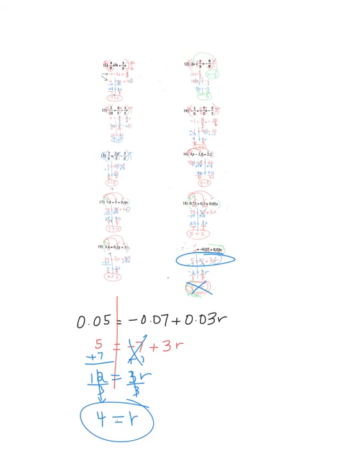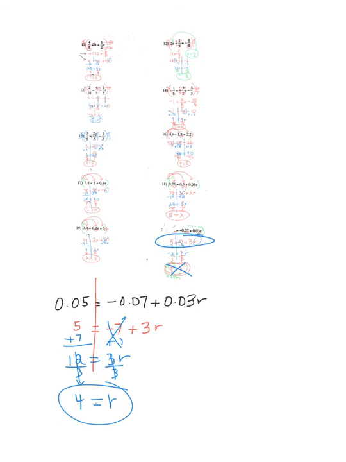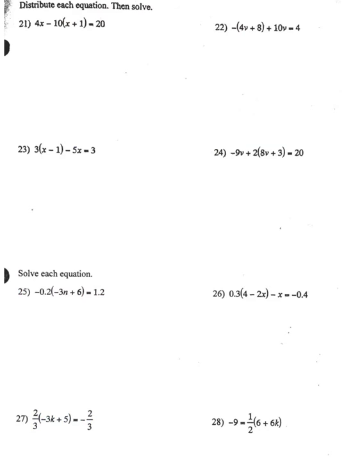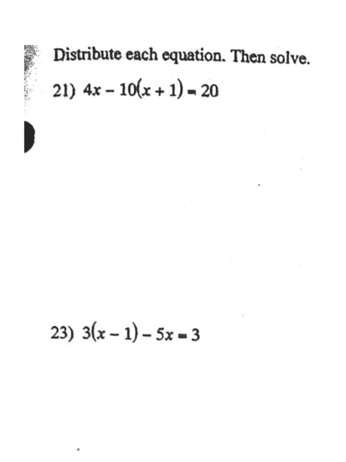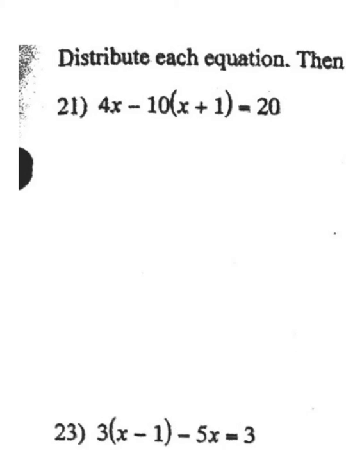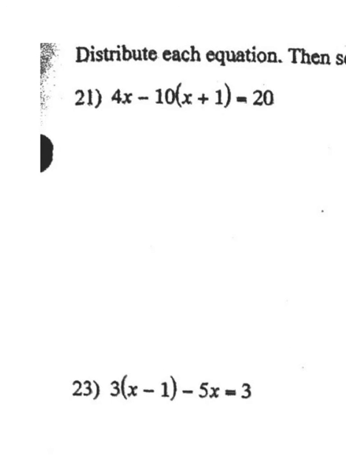Okay. All right, so now we have those problems down on that page. Here we go. Okay, this one says distribute and then solve. So we're going to distribute, then we're going to combine, and then we're going to solve the two-step equation. Remember, this is a negative 10.